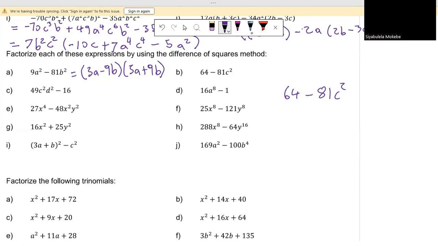So this is difference of two squares. Therefore, again, you take the square root of 64, it's 8, minus the square root of 81 is 9c, then 8 plus 9c. So this is 8 minus 9c, 8 plus 9c.